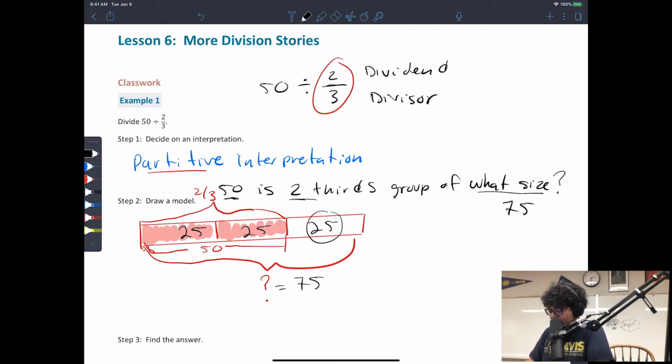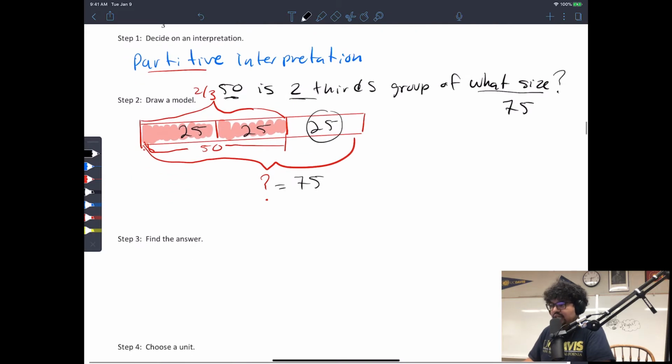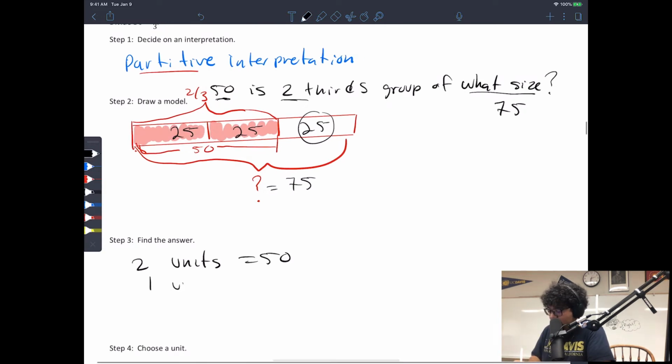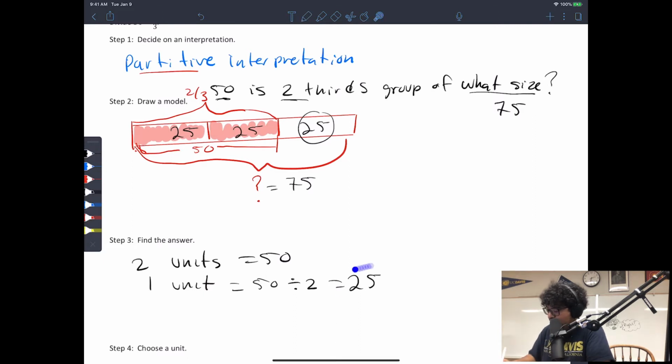So it makes sense. If we do the math here to find the answer, we already found the answer. But we can say if 2 units have a value of 50, then I can divide 50 by 2, and that will tell me that each one of those units is 25.